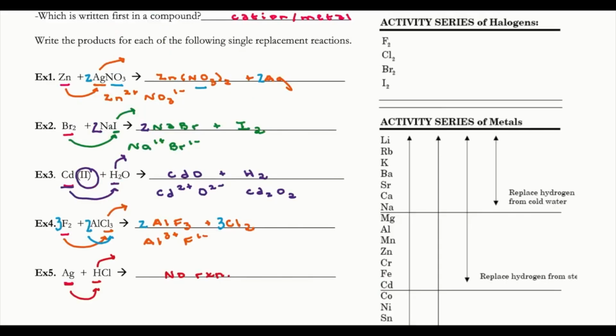Okay, let's talk really quickly about what you might observe when you have a single replacement reaction. So let's look at my products here. Okay, so zinc is a solid. Silver nitrate is going to be aqueous because I'm going to have it dissolved in water. I'm letting you know that. I didn't expect you to know that already.